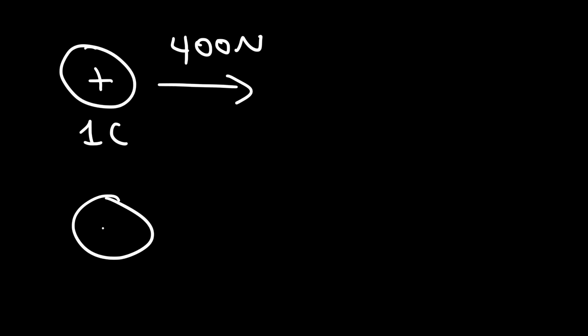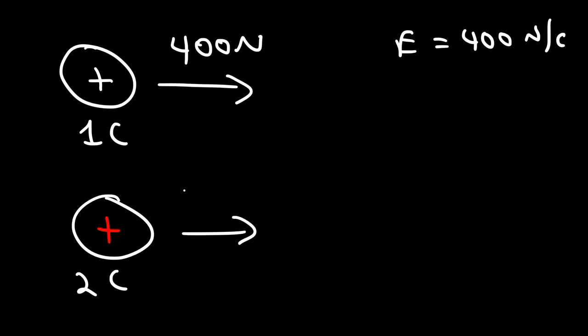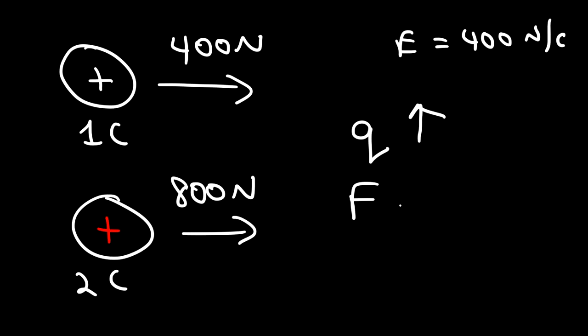Now, if we double the magnitude of the charge, but the electric field is still the same, that is 400 newtons per coulomb, the force exerted on that charge will be 800. And so, as the magnitude of the charge increases, the force that's exerted on that charge by the electric field will increase. And so the electric field gives you a ratio between how much force will be exerted per unit of charge.